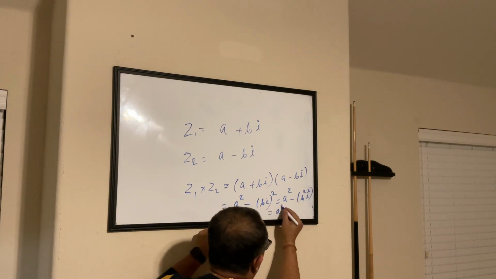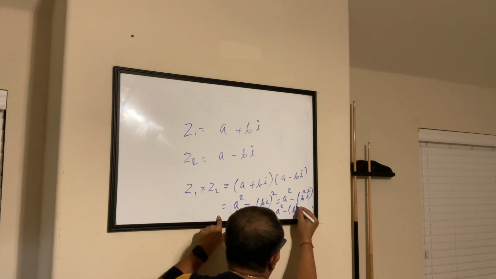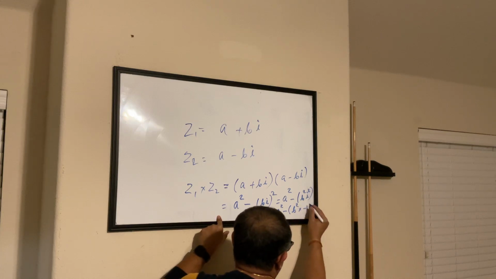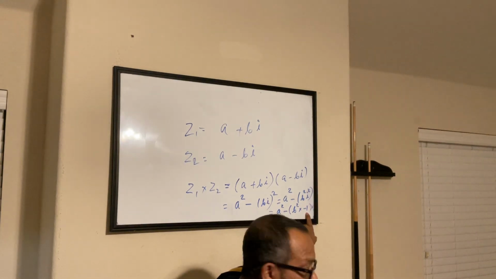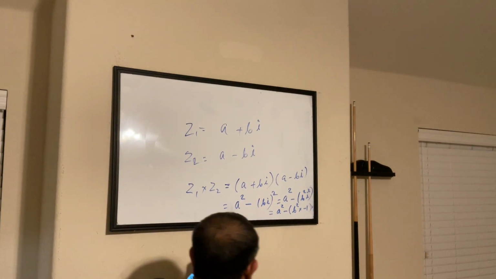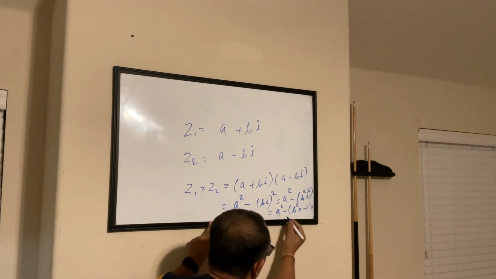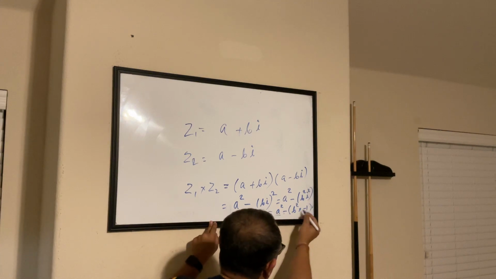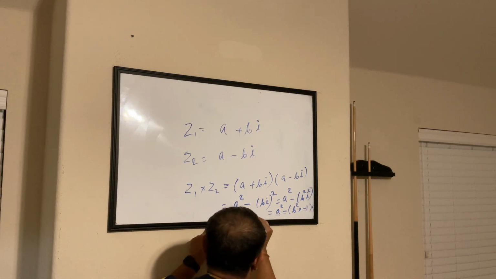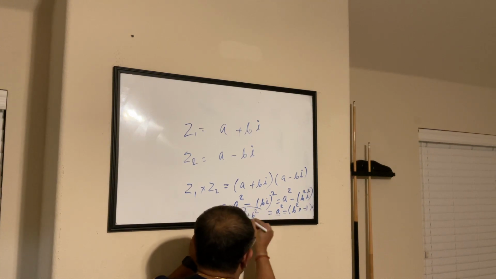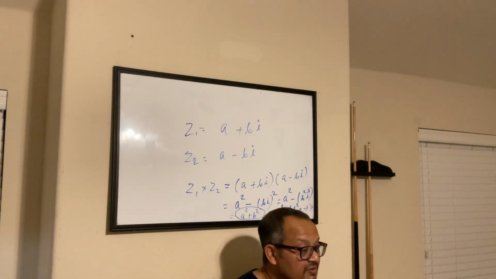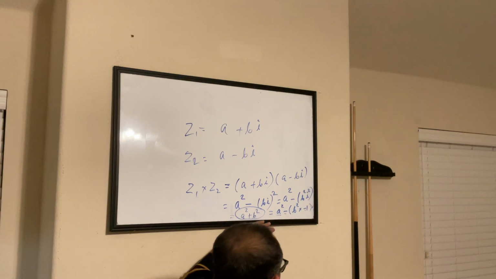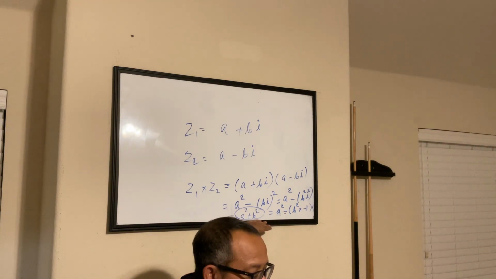Now i is the square root of minus 1, so i square will be minus 1. So this became a square minus b square into minus 1, that is plus. So a square plus b square. This is another interesting fact about conjugate: when you multiply a complex number with its conjugate, you get a sum of two positive squares.